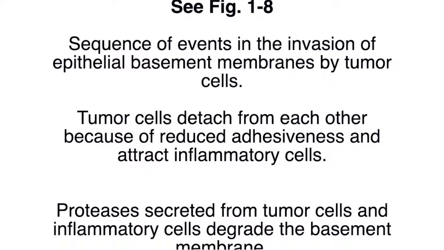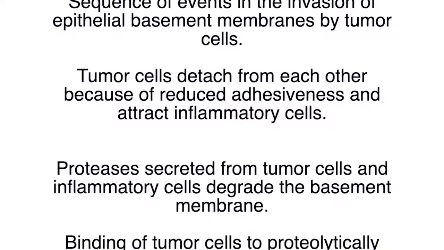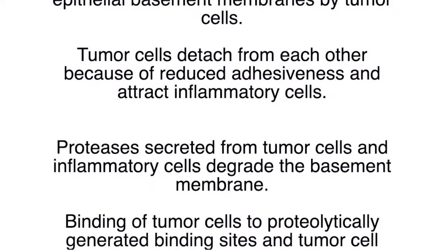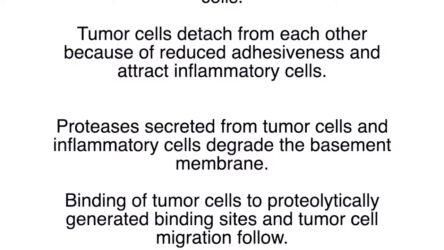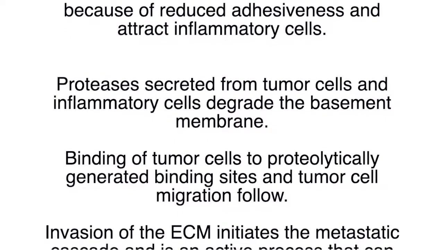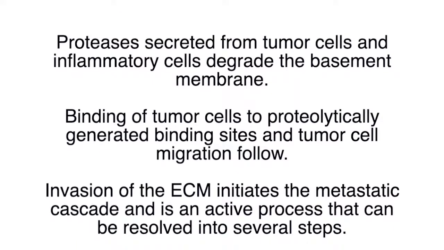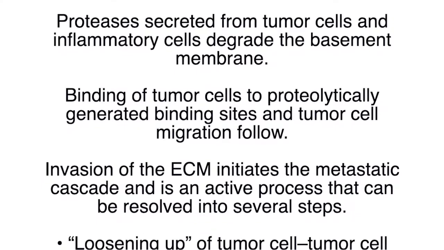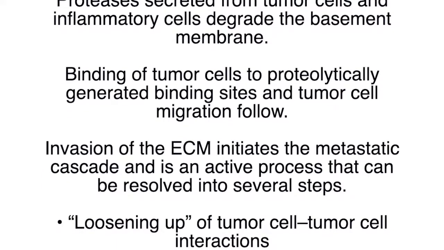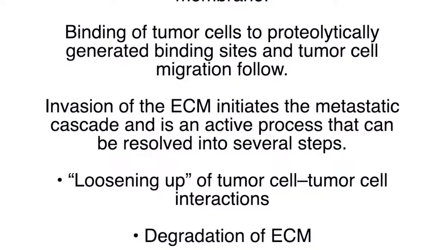See figure 1.8 again. Sequence of events in the invasion of epithelial basement membranes by tumor cells. Tumor cells detach from each other because of reduced adhesiveness and attract inflammatory cells. Proteases secreted from tumor cells and inflammatory cells degrade the basement membrane.